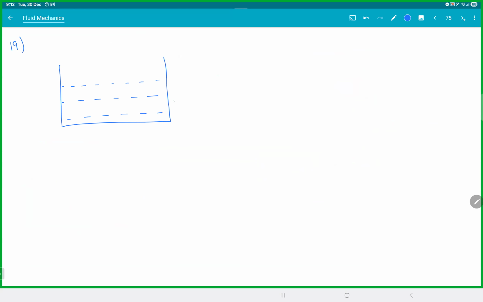So we have a container here, density of the liquid is rho L. We have a cube here of side L, density of the block is rho b. Rho b is less than rho L. So this part of the block is immersed inside.